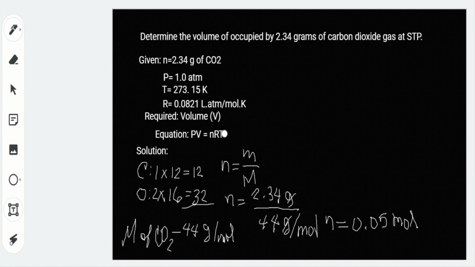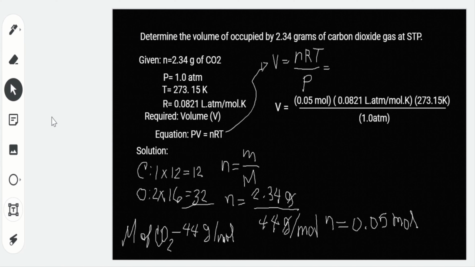But first, mag-derive muna tayo. So we have here, okay, since we're looking for the volume, so volume is equal to amount of gas in moles times the universal gas constant times the temperature over pressure. Okay, so let's substitute now. Okay, so substituting the values in our derived equation, so we have here our amount of gas in moles, 0.05 moles times 0.0821, our universal gas constant, times the temperature at STP, 273.15, divided by 1 atmosphere.